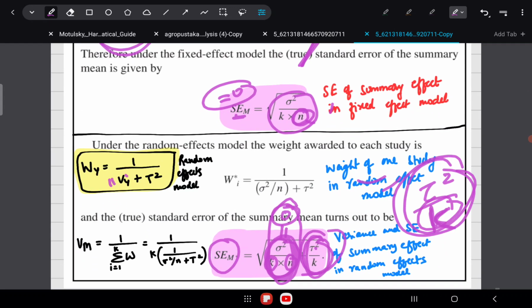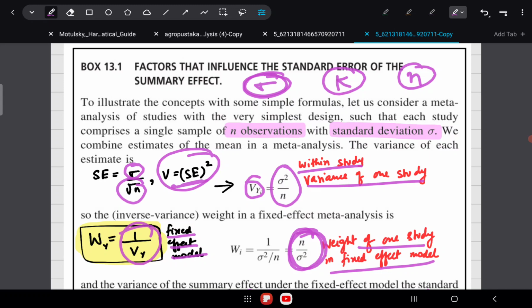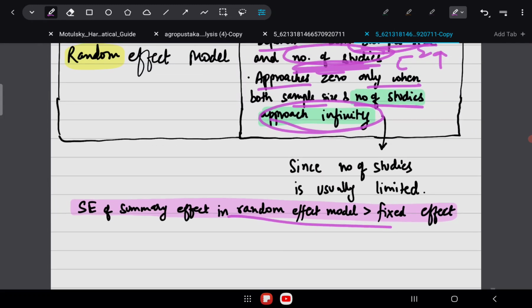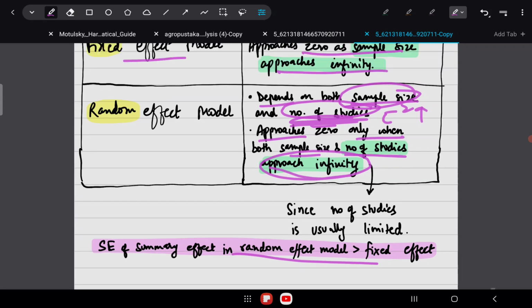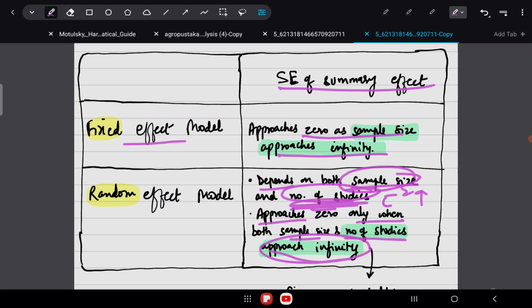This is just a theoretical concept, but the practical implication I want you to remember is that in random effect modeling, the summary effect will have a wider confidence interval or a wider standard error as compared to fixed effect modeling. That is the main difference.